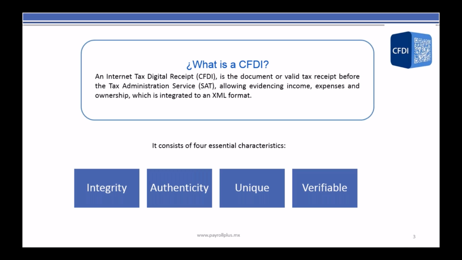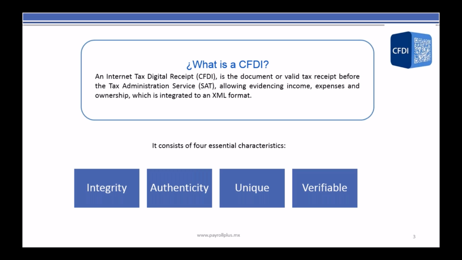Also, it's important because it's able to prove authenticity. Whenever you're going to try to prepare or issue a CFDI, it is going to require the electronic signature of the company, which is specific to each entity, and also a digital seal for invoicing, which is another requirement to prepare the invoicing. So it will be very clear who is the recipient of the revenues on each CFDI.